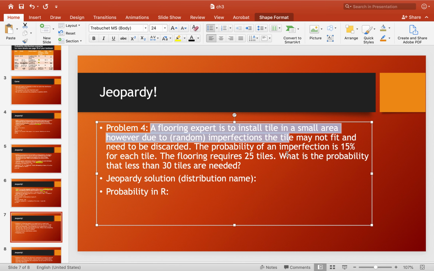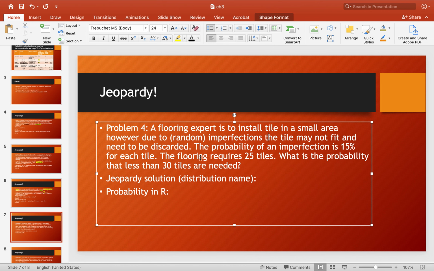It's more likely that you need to cut it than that they are produced imperfectly, but certainly that scenario could arise in which maybe not with tile, but with some product that's being manufactured has imperfections and it has to be discarded, right?